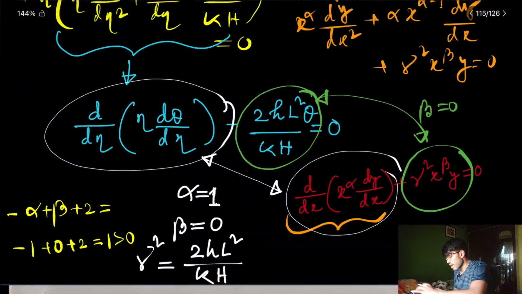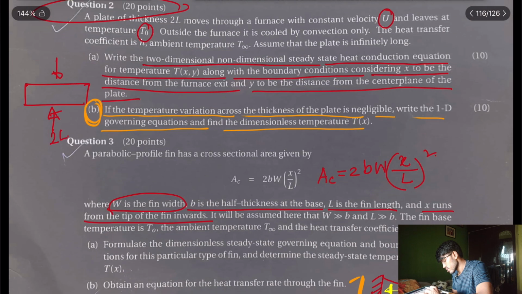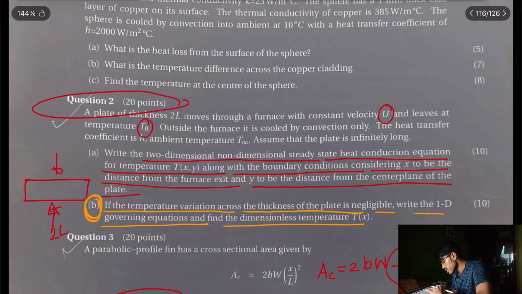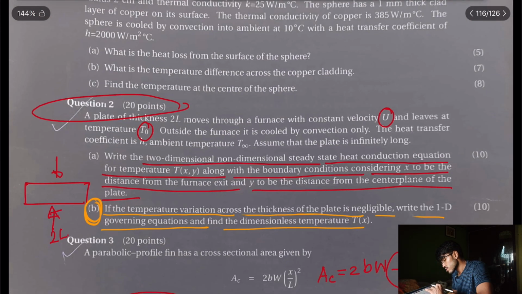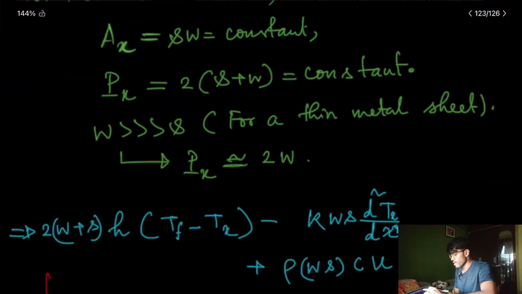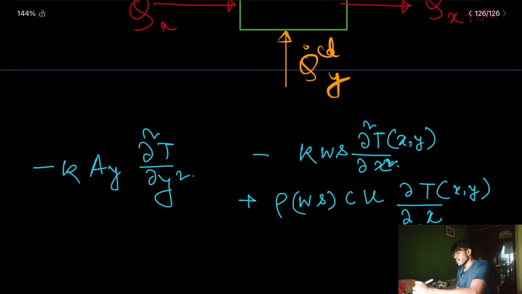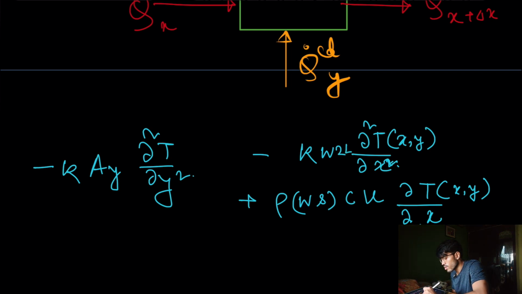Is the width given in the question? I think the width is not given. You assume some width w. If it is a thin plate, then w will be much greater than the thickness. And because the thickness is given as 2L, instead of this S, I will write 2L.